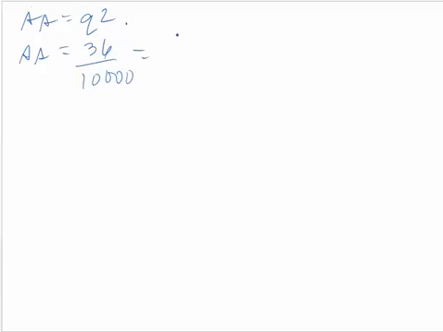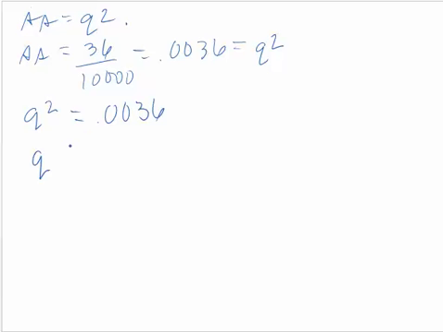The first thing we need to do is change that to a decimal, and it comes out to 0.0036. Make sure you check your calculator, because I'm doing this in my head a little bit. So Q squared is the same as little s little s. Now, if Q squared is equal to 0.0036, what is Q going to be?